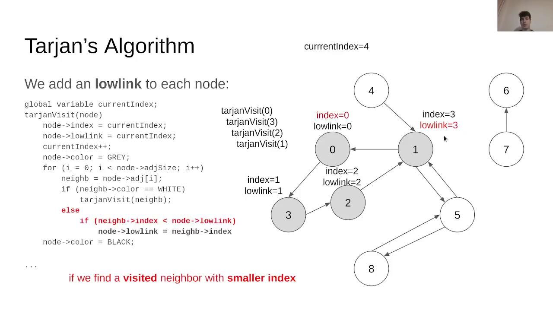But now, if we see a neighbor with a smaller index than our low link, so the node is not white, the node has been visited, and the neighbor index is smaller than our low link, we update the low link to the index of the neighbor.